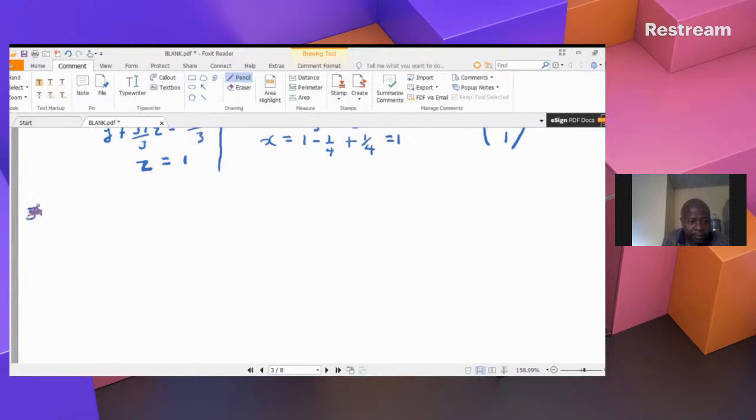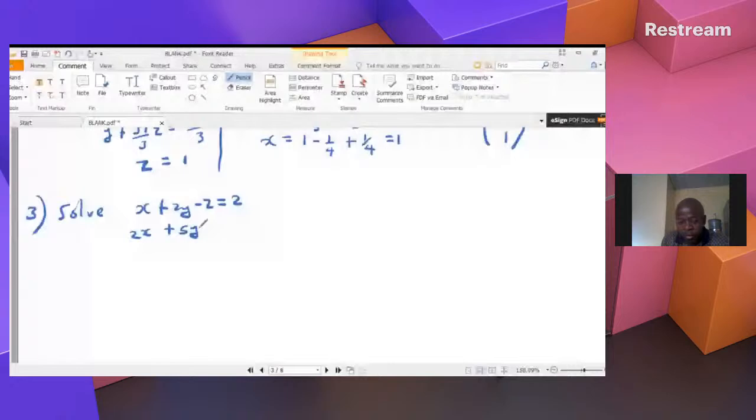Example 3. And this one I want us to solve. We are still using Gaussian elimination, so we're solving x plus 2y minus z equals 2, and 2x plus 5y plus 2z equals -1.